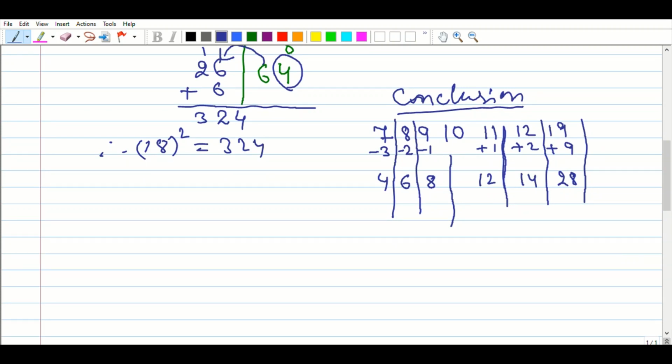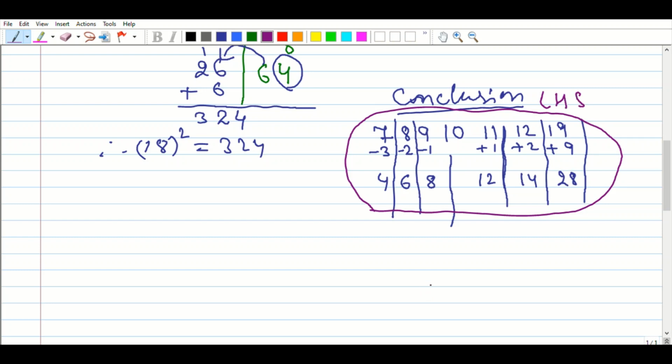For the right hand side, what will we do?